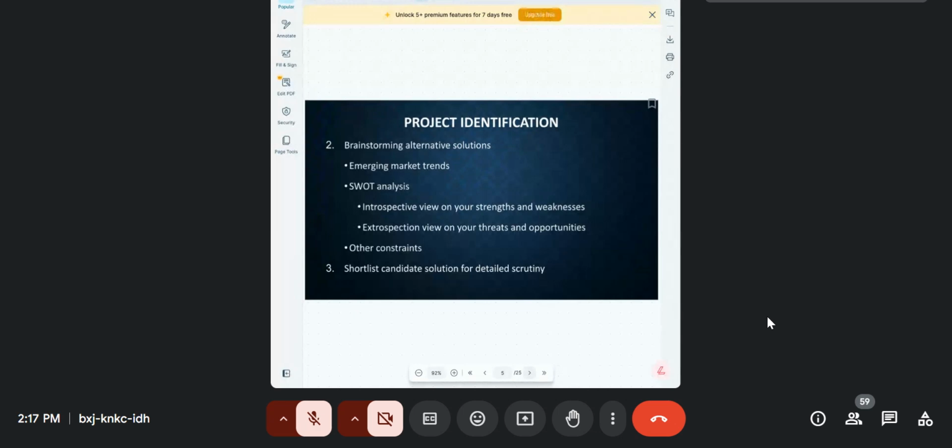Other constraints can also be looked at the point of brainstorming. Then the final part of the project identification would be shortlisting candidate solutions for detailed scrutiny.